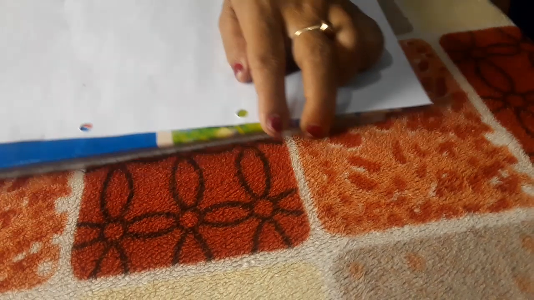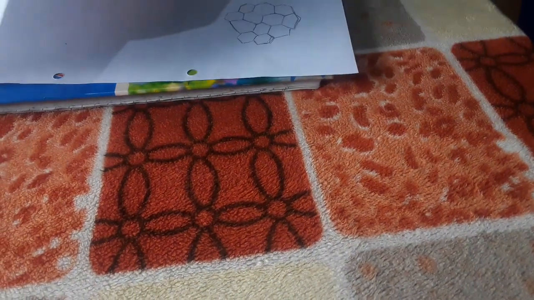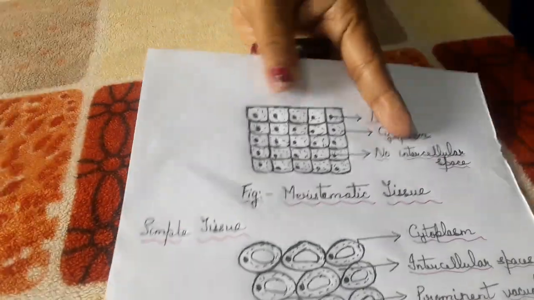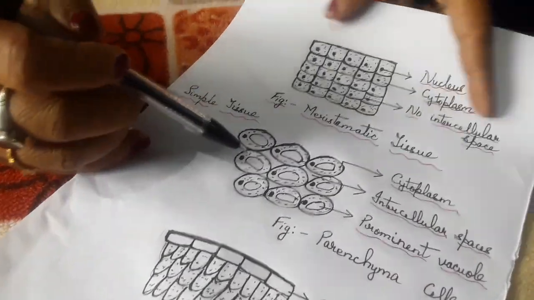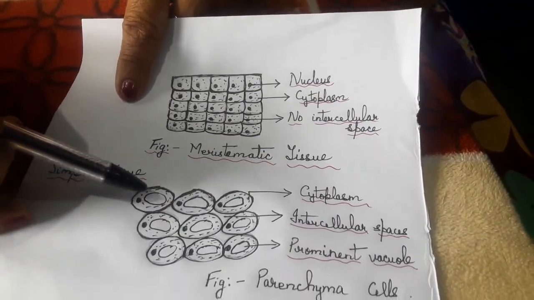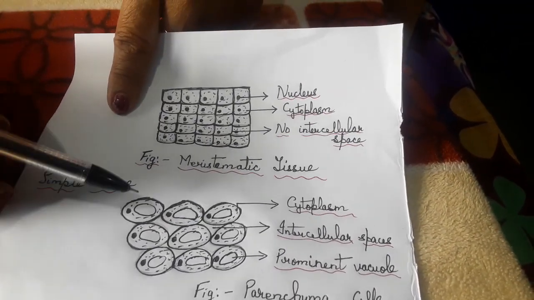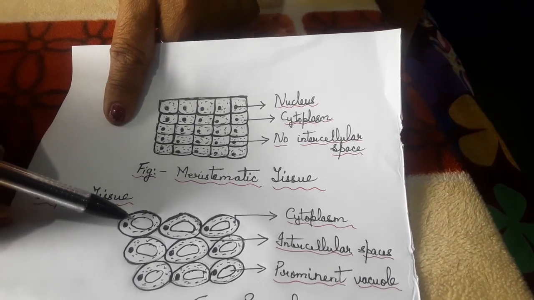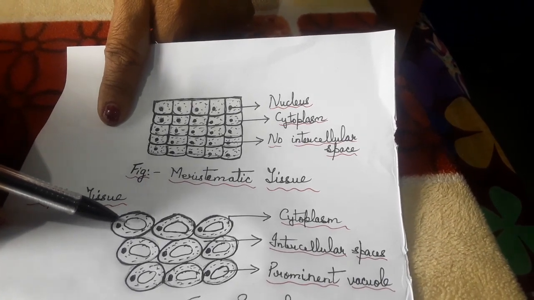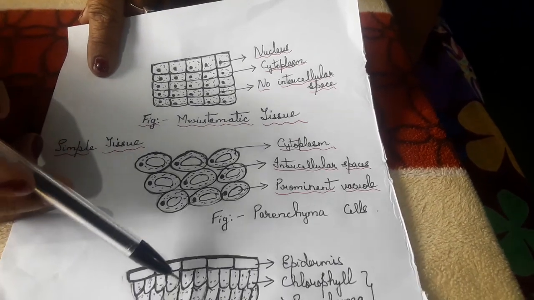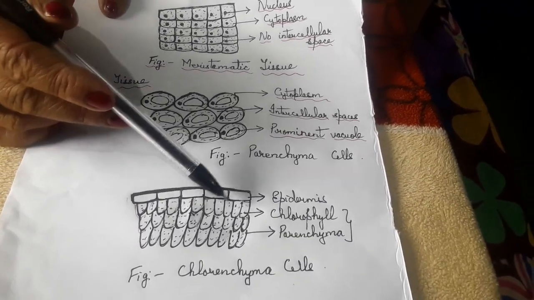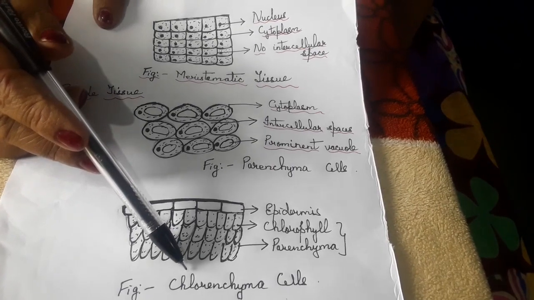Now, when we talk about the simple tissues, as you can see in the diagram, the parenchyma tissues, the first type, are made up of cells which have intercellular spaces, prominent nucleus, vacuole, and cytoplasm. When the parenchyma cells contain chlorophyll, they are known as chlorenchyma.